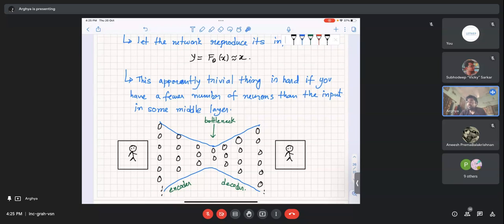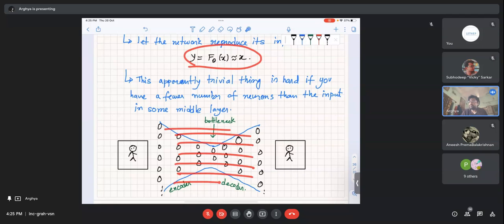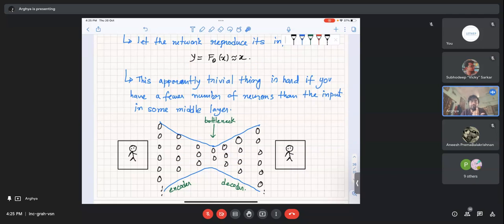So in autoencoders, what you say is that whatever output you are generating is equal to input. You are saying that output and input are the same. Then you might think that this is very trivial, right? If output and input are the same, then this should be like a direct connection and give some trivial answer. But the non-trivial thing that you are doing is decreasing the number of nodes.